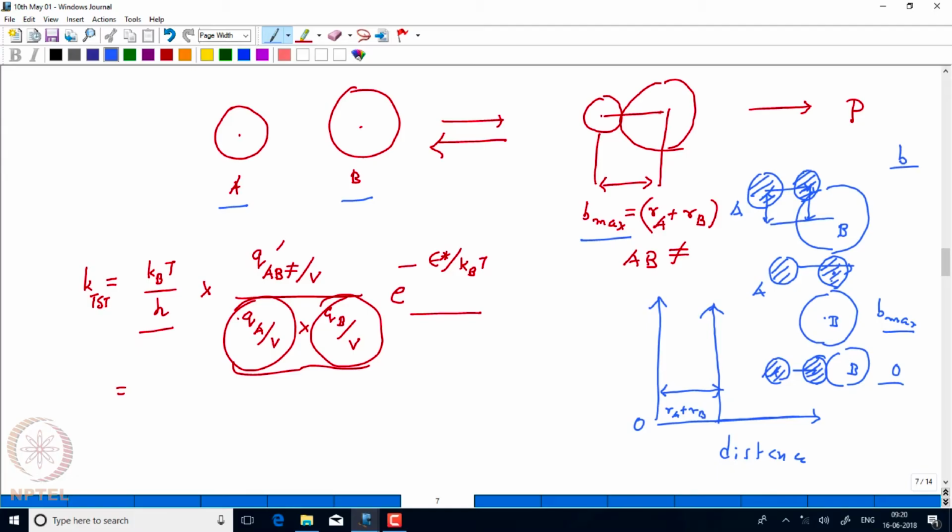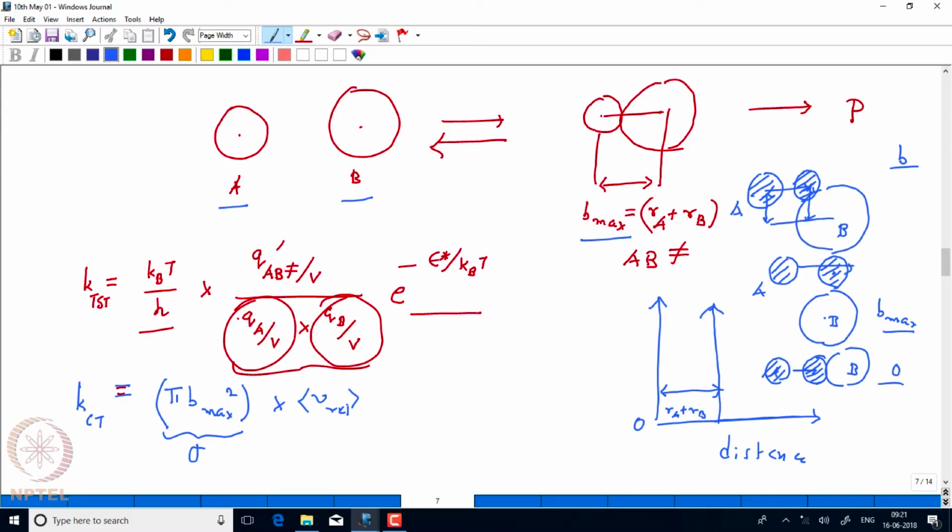Now in collision theory we use this b max, and then we get a rate expression: k_CT is basically a collisional cross section, which is pi b max squared, which sometimes we write as sigma, the collisional cross section, times the average of relative velocities.